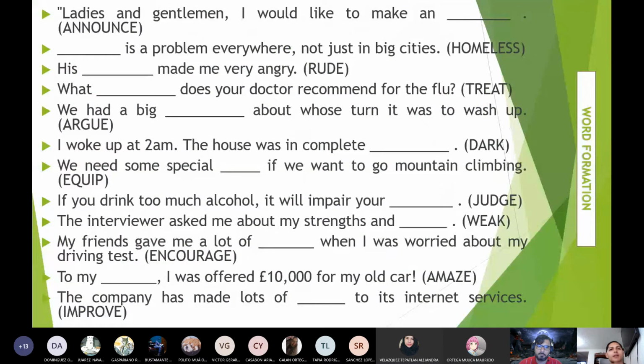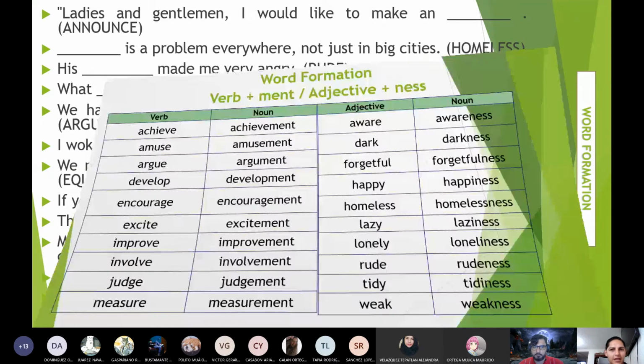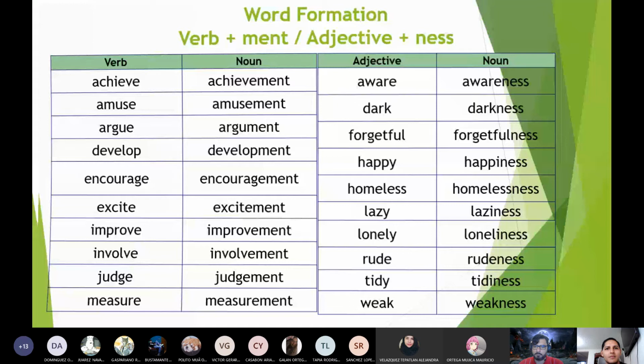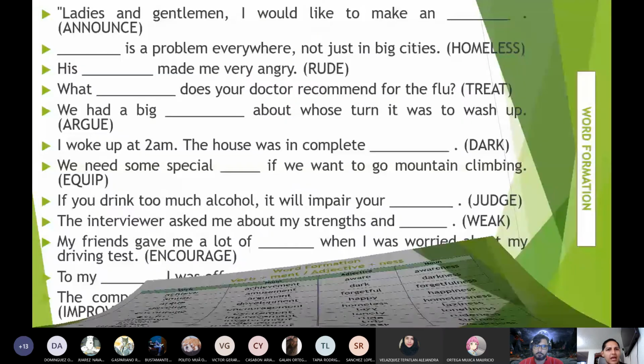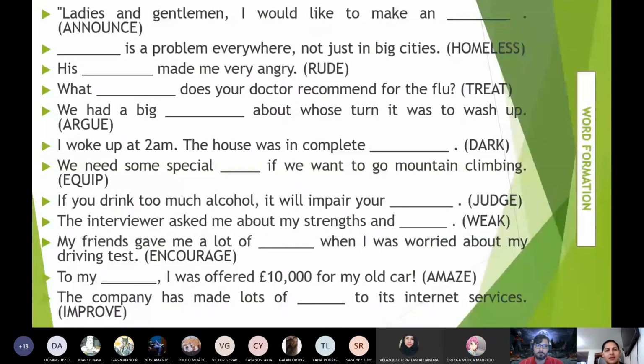I want you to help me working with the following fill in the blanks exercise. Okay, remember the ones, here they are. Can any volunteer help me reading the first one? What you need to do is to complete the sentence with the appropriate form of the word.